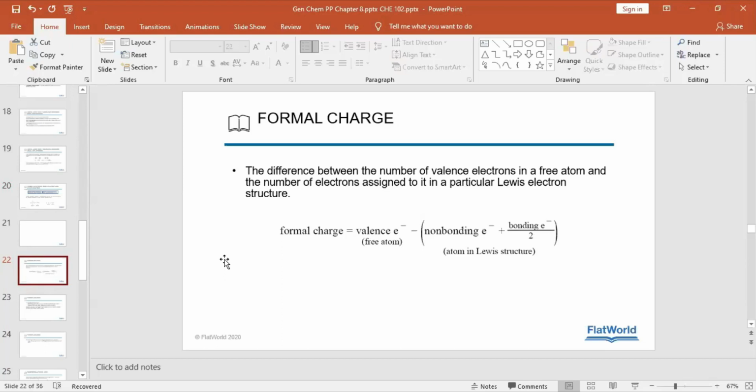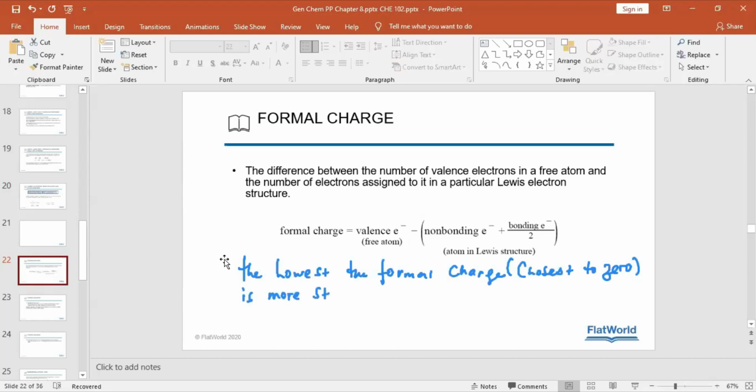The formal charge closest to zero indicates that it's more stable. That's one criterion.